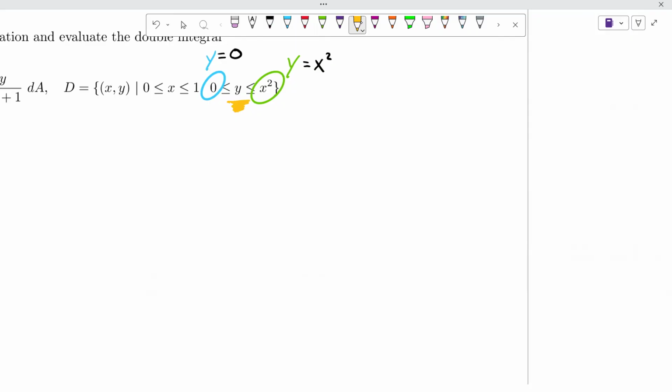So I'm going to graph both of those. Give myself some coordinate axes. Y equals 0 is just the x-axis.